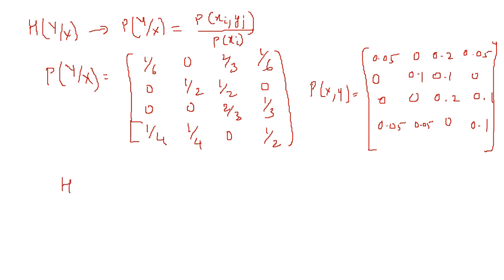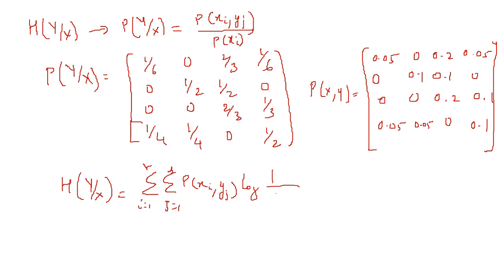Now we know h of y by x is, by the definition, double summation i equal to 1 to r, j equal to 1 to s, p of xi comma yj into log of 1 by p of yj by xi. So just how we have solved for h of x by y, we'll write 0.05 into log of this value, then 0.2 into log of this value, 0.05 into log of this particular p of yj by xi value.